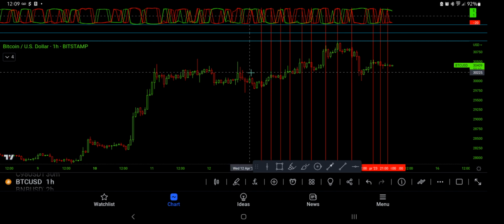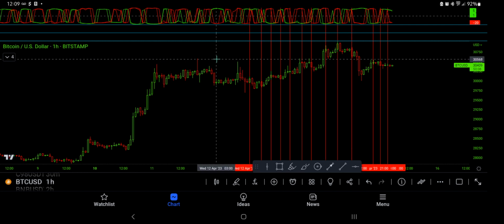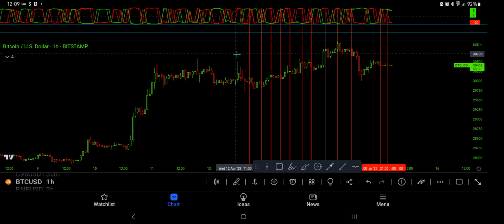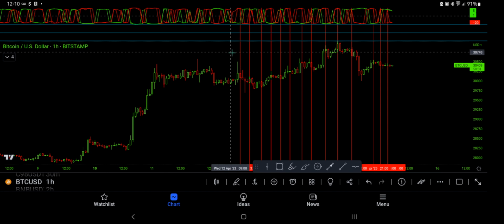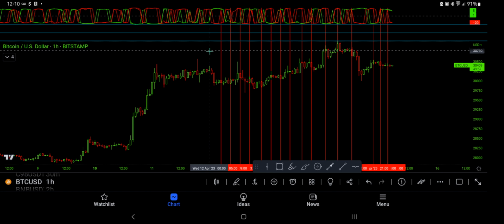I'm just going to do a few of them through this movement right here, because as we get smaller and smaller, we can start breaking down much smaller moves.